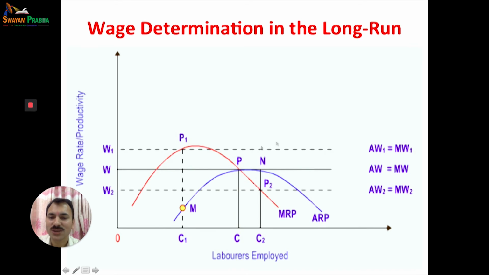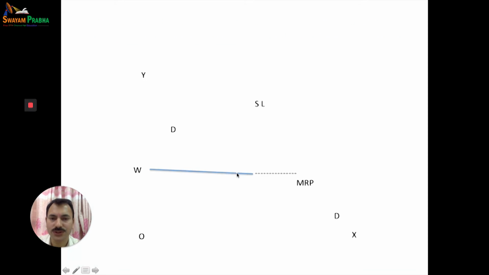But here it is totally reverse. Here ARP is equal to MRP, but MRP cuts ARP from above, and this is the point of equilibrium. Here the producer will get maximum satisfaction, and the price paid to the factor, taking the example of labor, is equal to its marginal product. This is the equilibrium point.